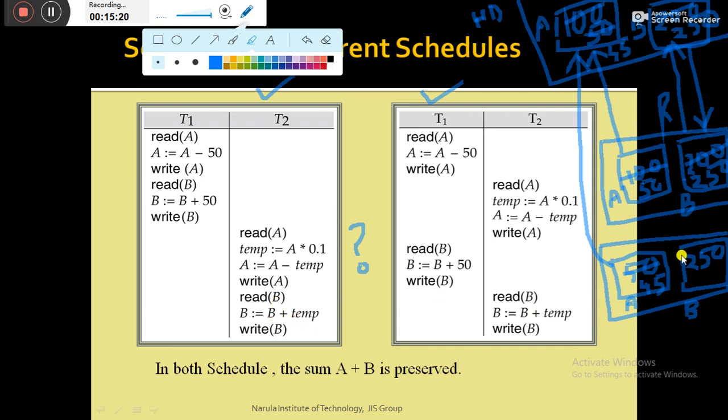Temp is 5, so 250 plus 5, it becomes 255. Then write B means that value is written back over here, so it becomes 255. Writing over here 255.